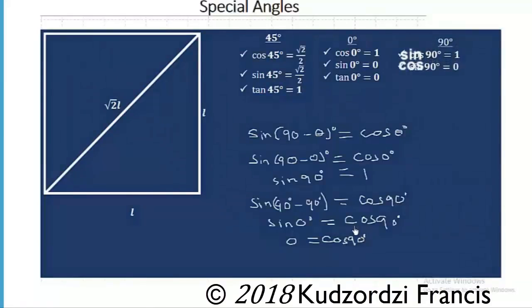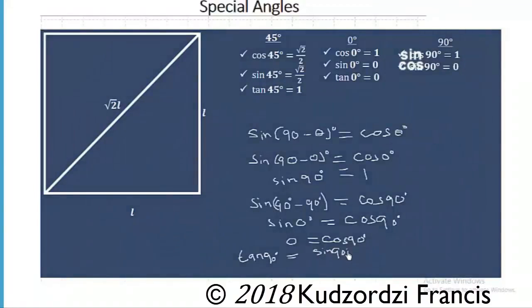Now we find tan 90. So to find tan 90, you know that tan 90 degrees will be equal to sine 90 degrees over cos 90 degrees.